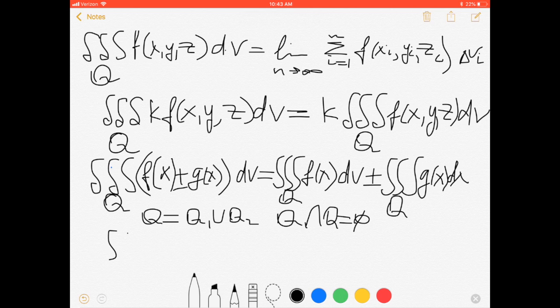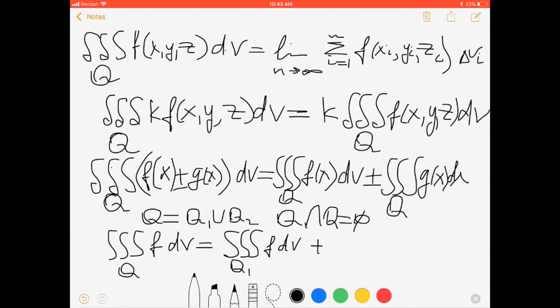This means the integral over Q of f dV will be the sum of two integrals: over Q1 of f dV plus over Q2 of f dV.